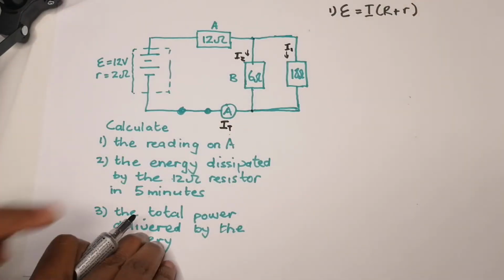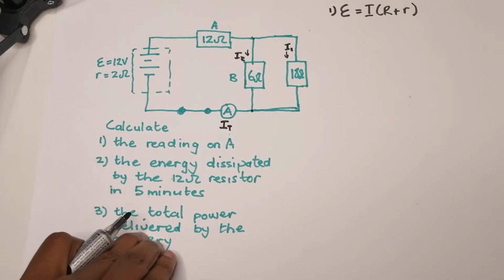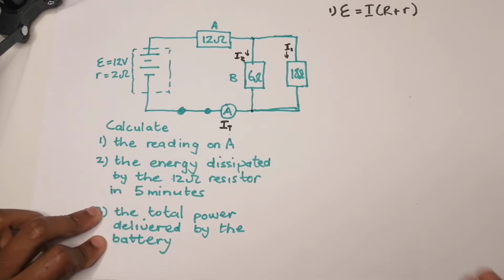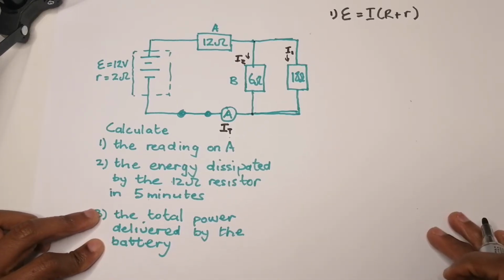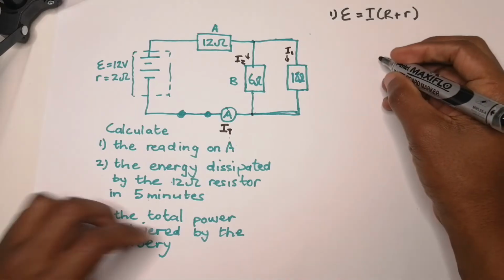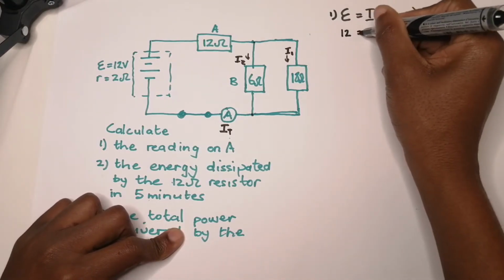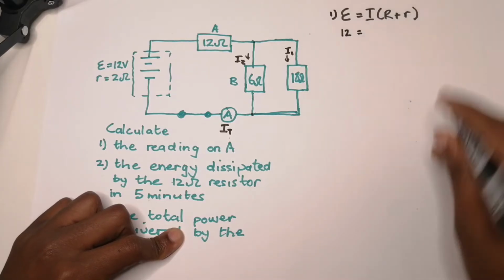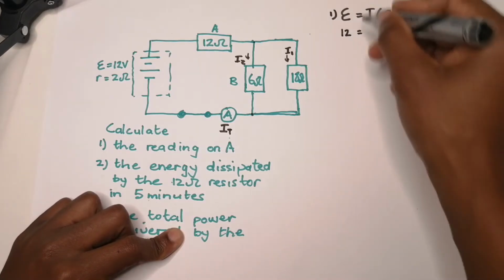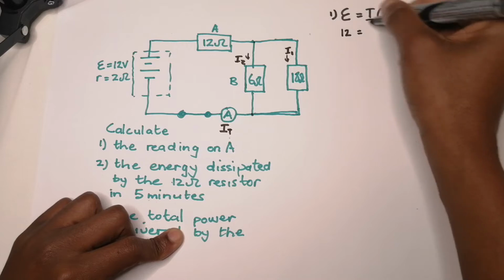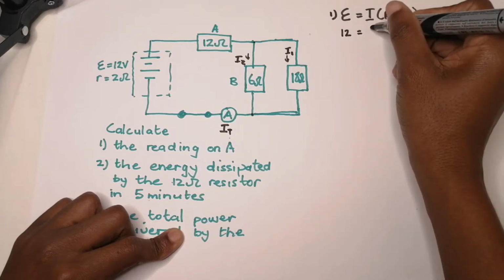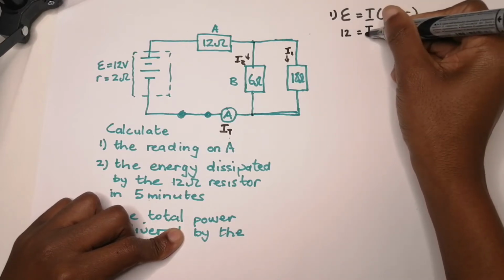So in effect, when they said calculate the reading on A, they are looking for the total current in the circuit. So now we go to that equation and we say, we know the value of the EMF is 12. We want to find the total current. Please remember when you use this equation, it simply means that that value there will be the value of the total current, so that's the one that we want.